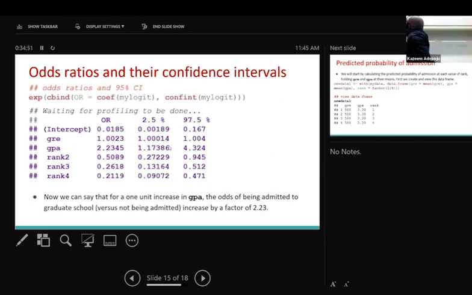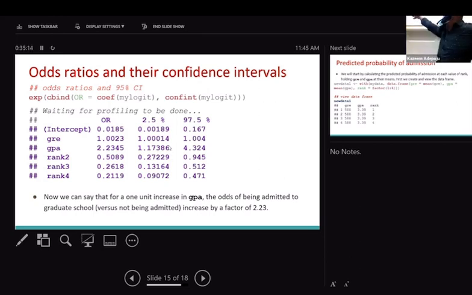When you look at the first one, OR, that is the odds ratio, which is a point estimate. But when you look at the other ones, the lower end point and the upper end point, that is a confidence interval. So that is a confidence interval of the odds ratio. Take a look at that.